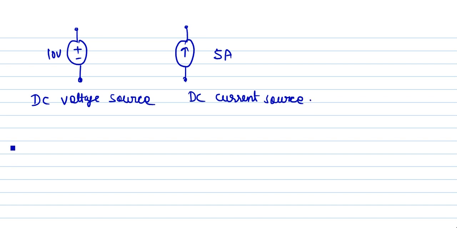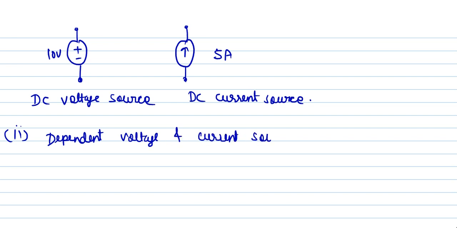Now let's see the second one, that is a dependent voltage and current source. So here, the strength of the voltage or current changes in the source for any change in the network. So these are called as the dependent voltage and current source.